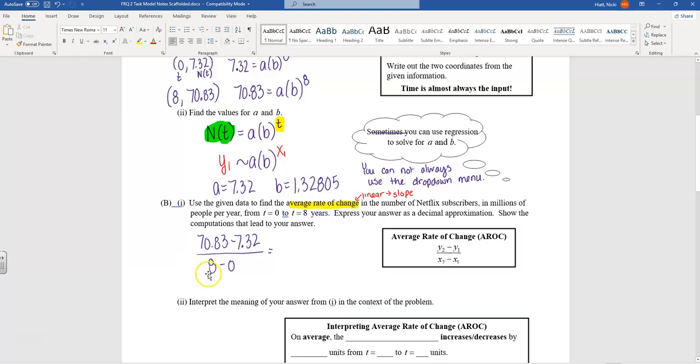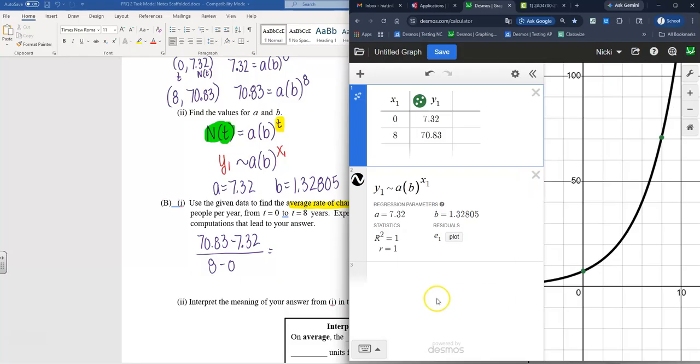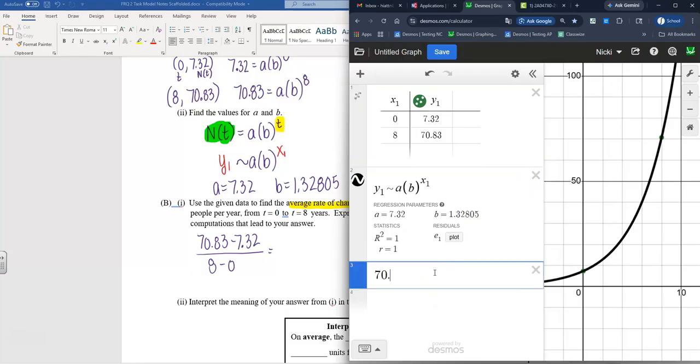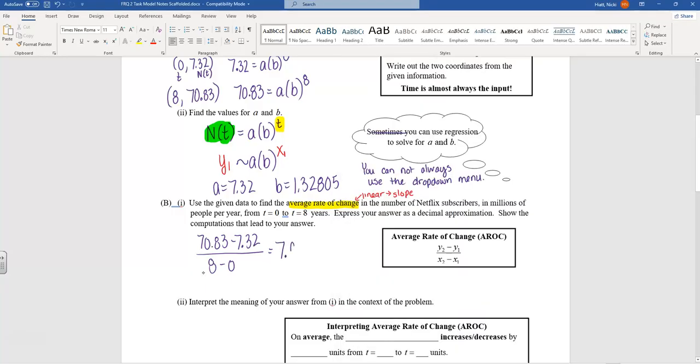And then you are going over to Desmos, and you're just typing that in. 70.83 minus 7.32 over 8, and we'll get 7.93875. Again, you don't have to keep 3 decimal places, but it's fine if you keep more.